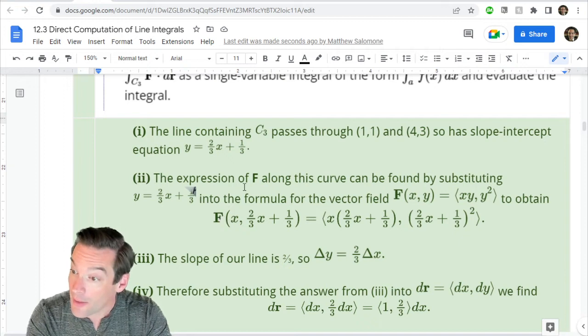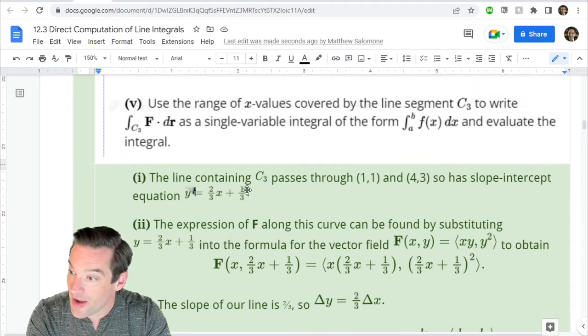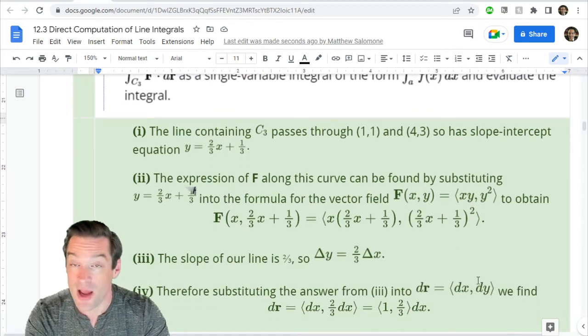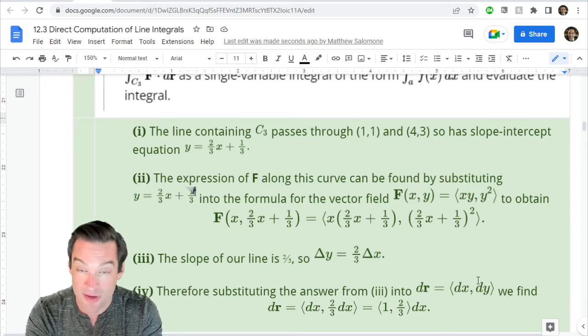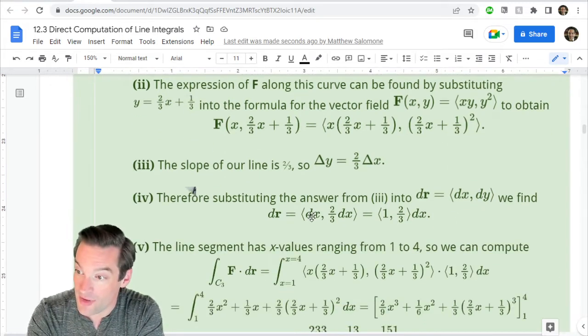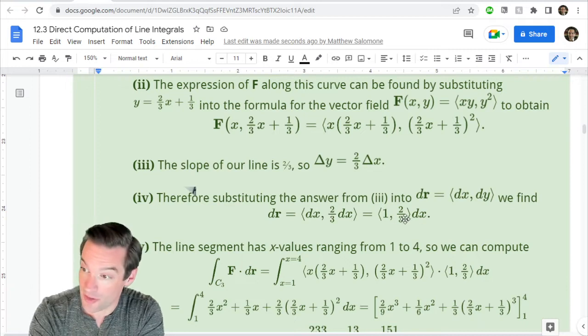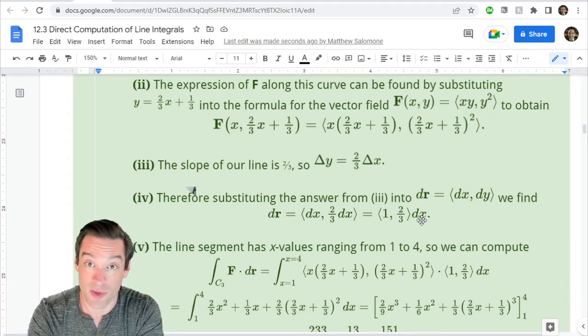Right? But then when it comes time to find dr, which is equal to dx and dy, we have to use the fact that dx and dy are related together by the slope of that line, 2/3. So every dy is 2/3 as much as dx, because that's what the slope of that line is.